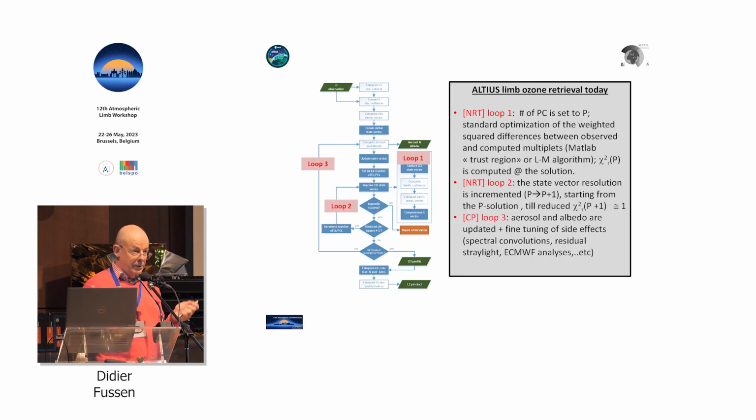So basically, the ALTIUS ozone retrieval scheme consists of 3 loops. The innermost one is the classical comparison between prediction and observation, which is nonlinear but iterated by a standard algorithm. Then, for a given number of principal components, once it has converged, we increase the number of principal components until we reach the criterion of chi-square equal to 1.